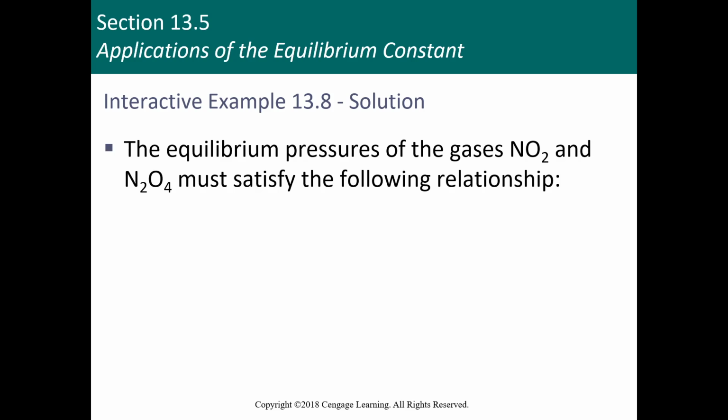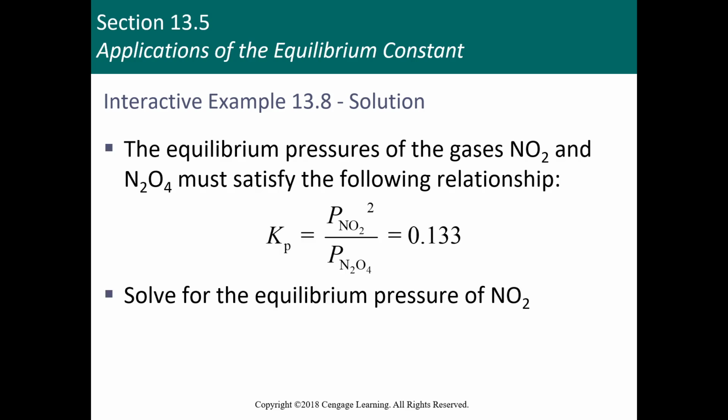Okay, so our equilibrium pressures of our gases NO2 and N2O4 have to satisfy this equilibrium expression. And so we can write our equilibrium expression. And remember, we know Kp, we were given that. And so we write our equilibrium expression from that reaction. Again, it's products over reactants to the power of the coefficient. And so that will be equal to the value we were given, which is 0.133.